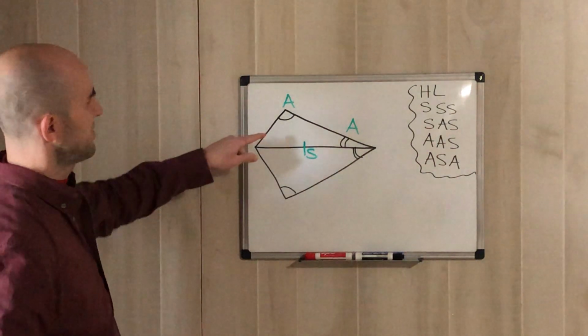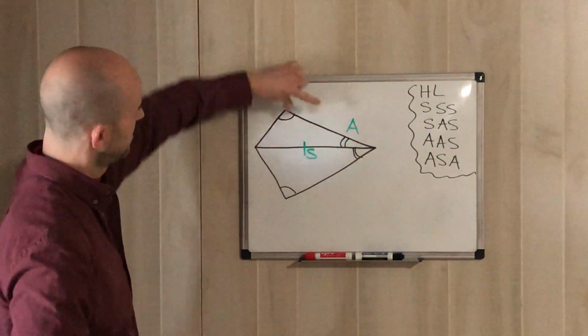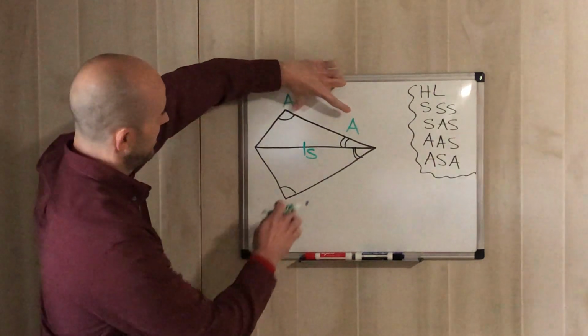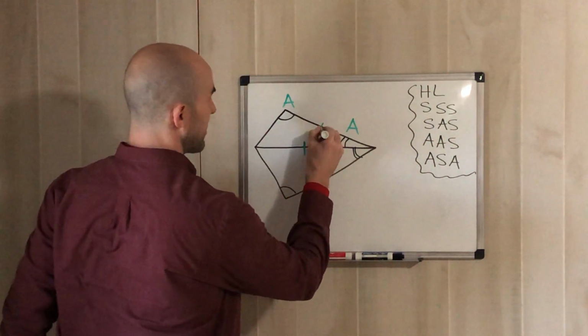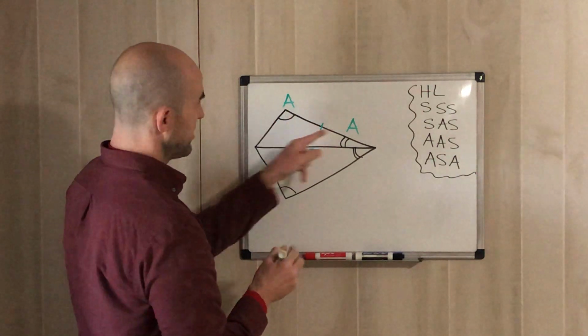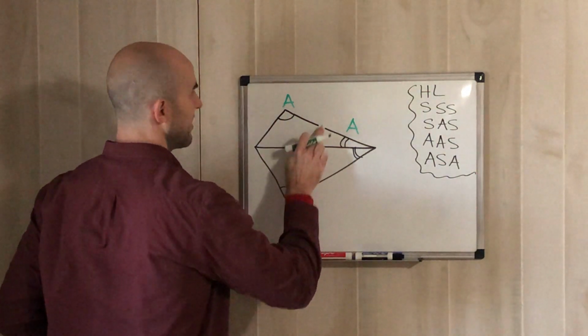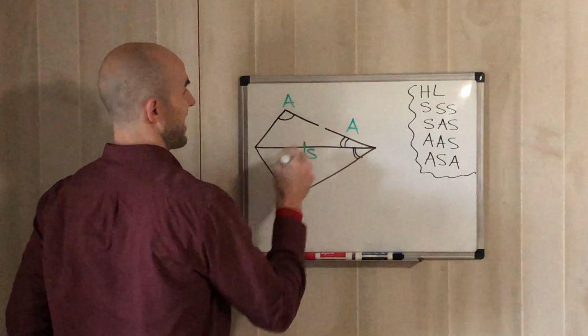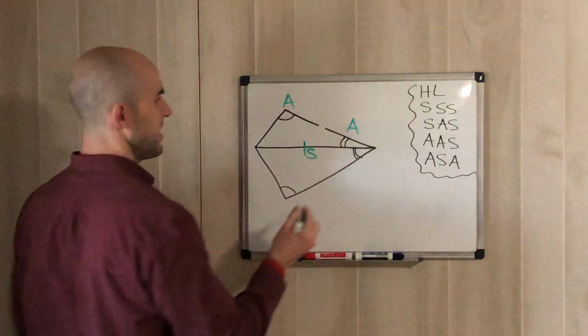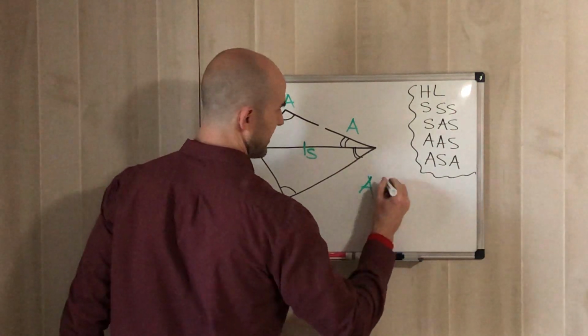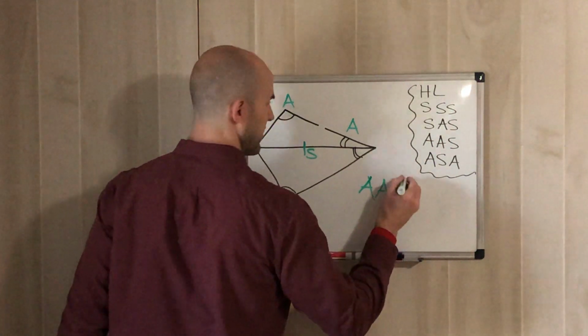And then let's ask ourselves, we have 2 angles, right? Here and here, and we have this side that's not between them. If the side was here, that side would be between them. The fact that it's not there, it tells us that that side is after, right? So if we have 2 angles and then this side, we know automatically it's AAS, right?